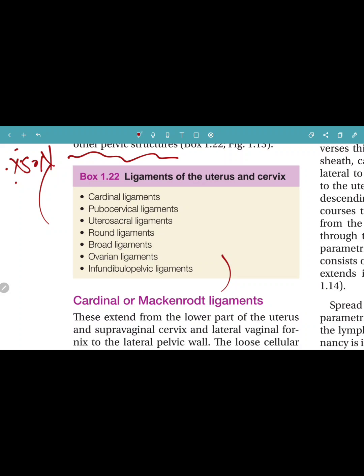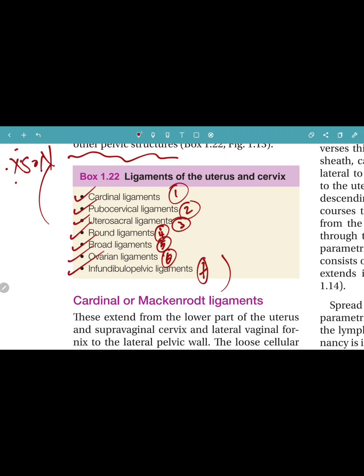First we will be studying the cardinal ligaments, then the pubocervical ligaments, the uterosacral ligaments, and then the round ligaments, the broad ligaments, the ovarian ligaments, and the infundibulopelvic ligaments. All these 7 ligaments are very, very important.